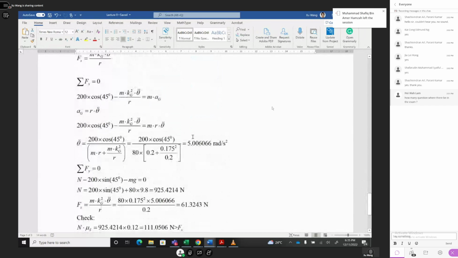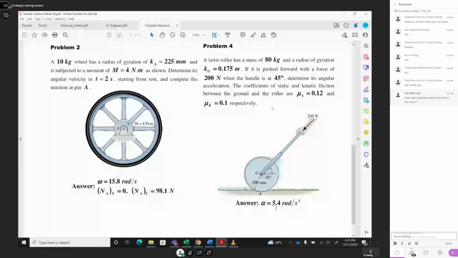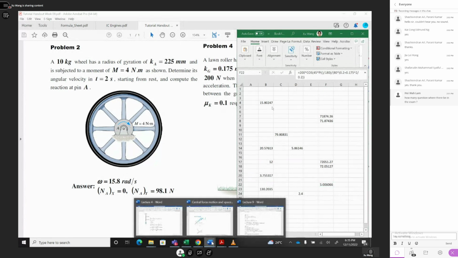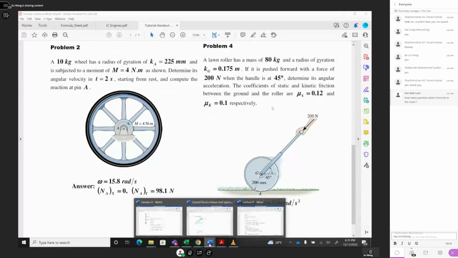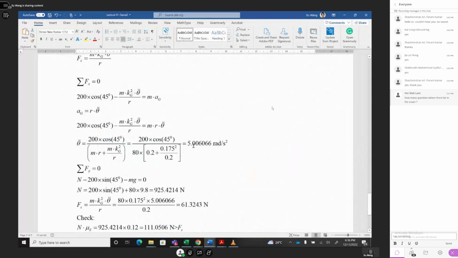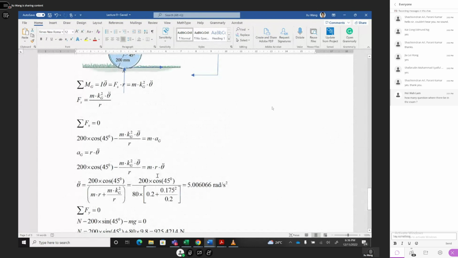So you get the final result of 5 radians per second squared. He gets 5.4 radians per second squared. I get 5.026, a little bit of difference. I don't know why, but anyway. If you get a different result, let me know, but this is the result I get.